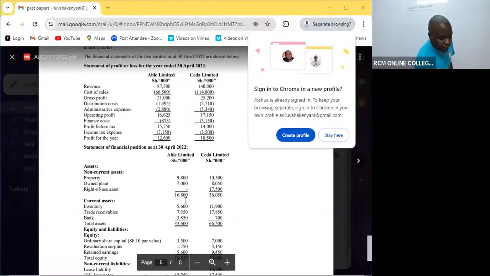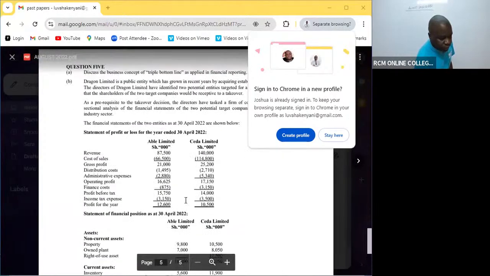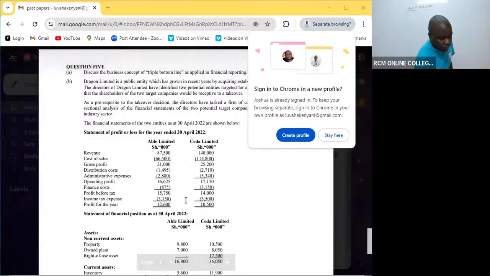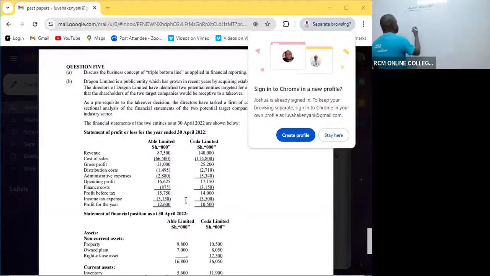So what we do in this case is represent the statements. That is a common size statement. The common size statements for the two entities.